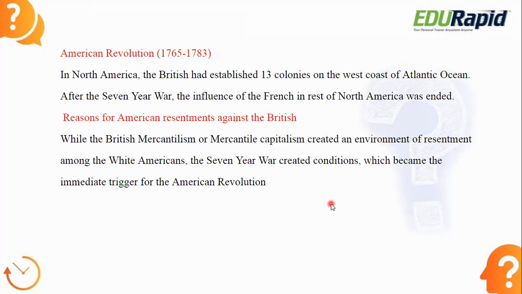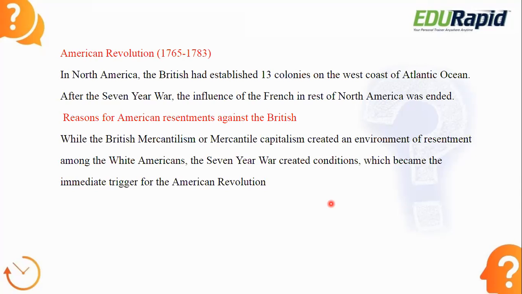The same thing they did in India, and in any other colonies. That is mercantile capitalism, in favor of London, in favor of Britain. They came up with a lot of rules and regulations over the different colonies. So that is called mercantile capitalism.